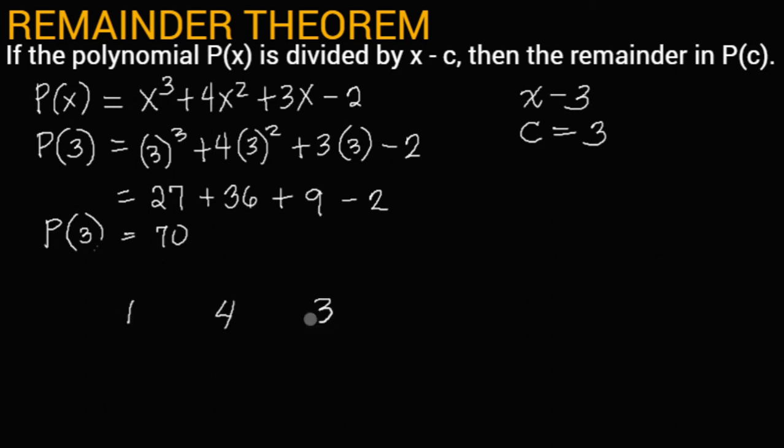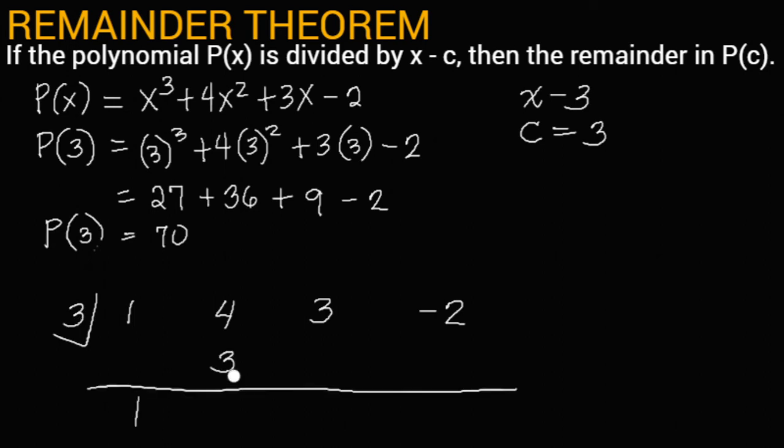Next ay negative 2. And then ang c natin is 3. Okay? Then bring down 1 here. 1 times 3 is 3. 3 plus 4 is 7. 7 times 3 is 21. 21 plus 3, sorry, is 24. 24 times 3 is 72. Then minus 2 is 70. So correct. Our remainder is 70.